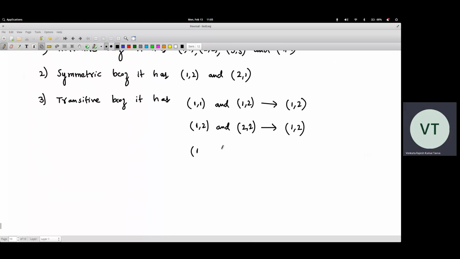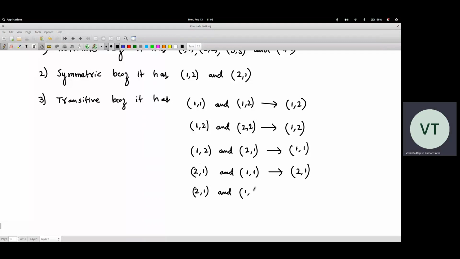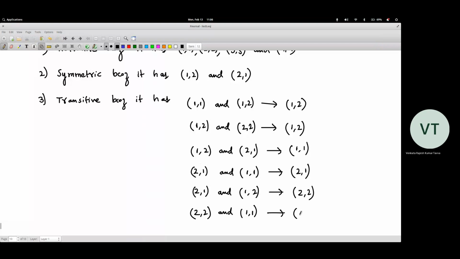Okay. And then 2 1 and 1 1, implying 2 1. 2 1 and 1 2, implying 2 2. Then 2 2 and 1 1... sorry, 2 2 and 2 1, implying 2 1.